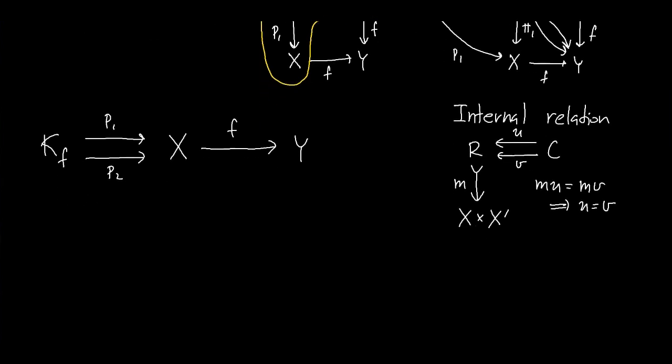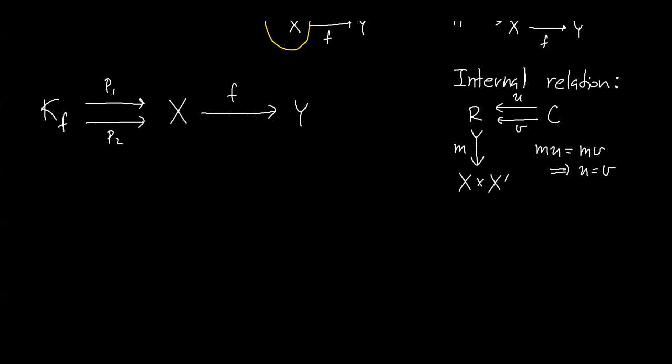But this definition requires for us to have products in the category, and I can also define an internal relation without utilizing products. The thing is that you can split up the M. Let me actually call this R instead of M, so it's the same symbol as the name of the object of the relation.